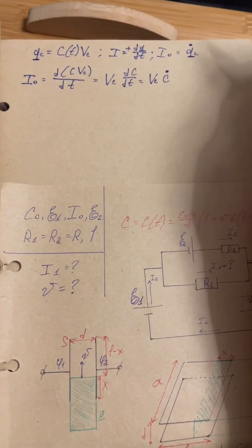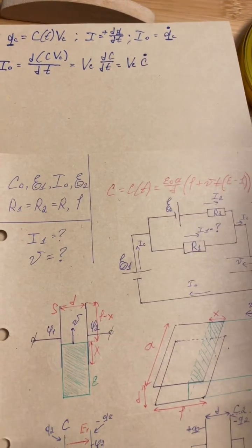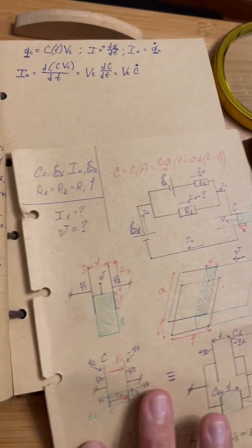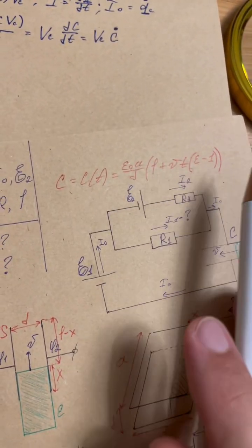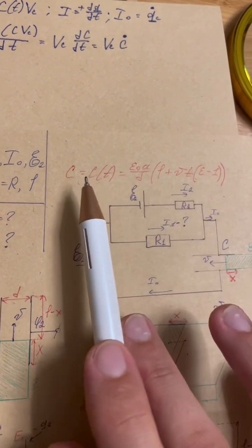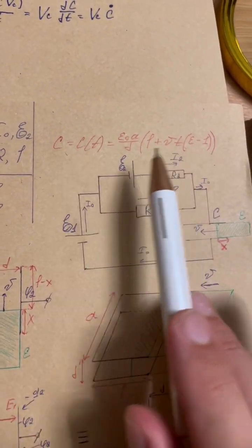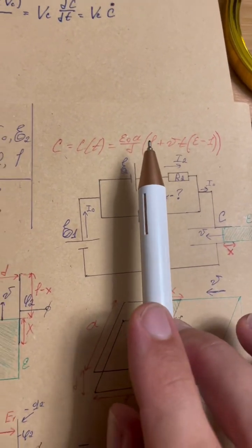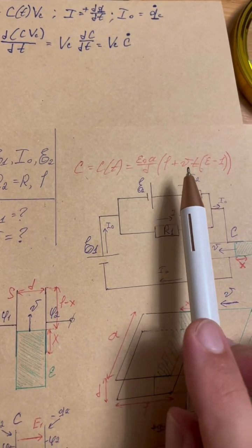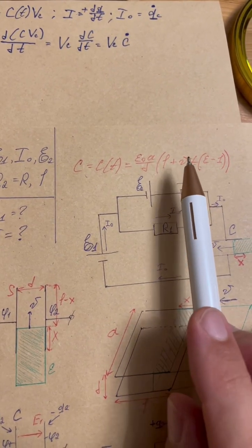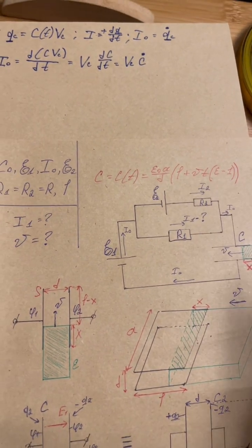So we need the derivative of the capacitance. But do you remember, we got the equation for the capacitance. You can see it here, the red equation. So we just need to take the derivative of this function. If we take the derivative, we will get epsilon 0 a over d, L is 0, we eliminate t, so it's v times epsilon minus 1, right?